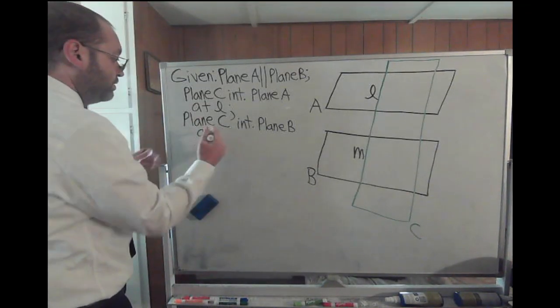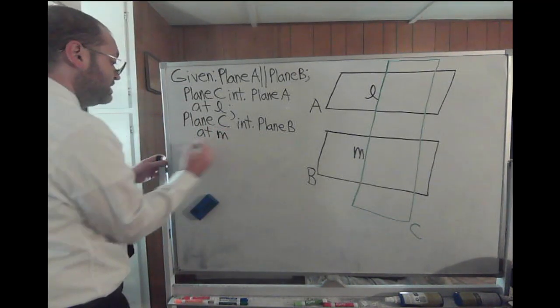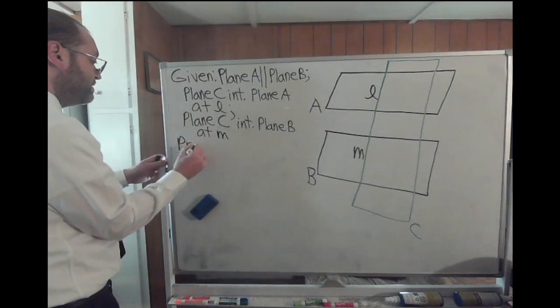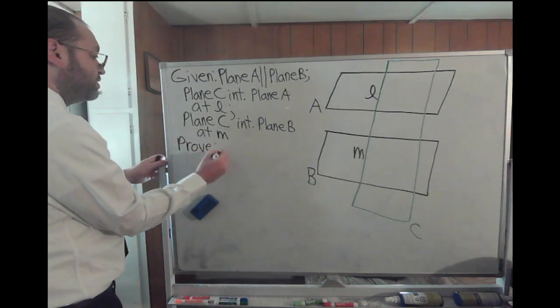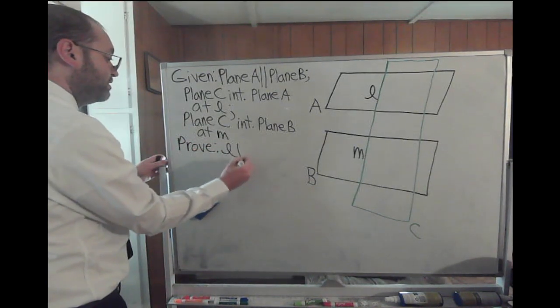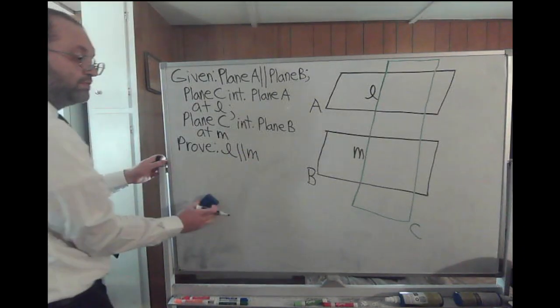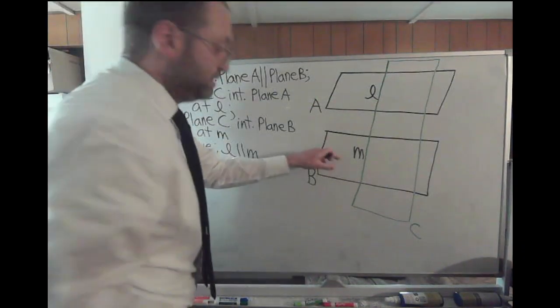A line would be lowercase. So what do they want us to prove? They want us to prove that L is parallel to M. We have to prove that line L is parallel to M.